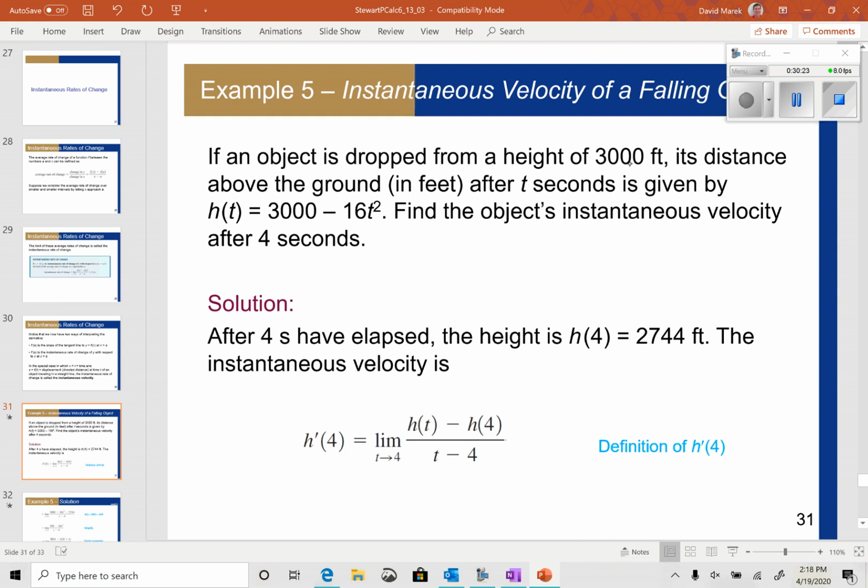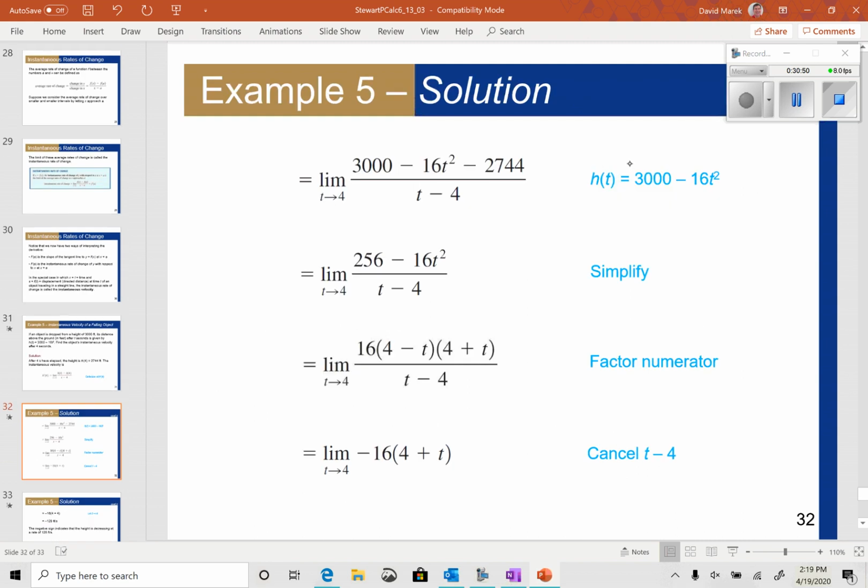So instantaneous velocity, we're going to take h of t minus h of 4 over t minus 4. So the way they've got this one set up is we're going back to that first formula version of a derivative. Okay, we're not using the form that has h in this case. We're using the form where x approaches a, or in this case, t approaches 4.